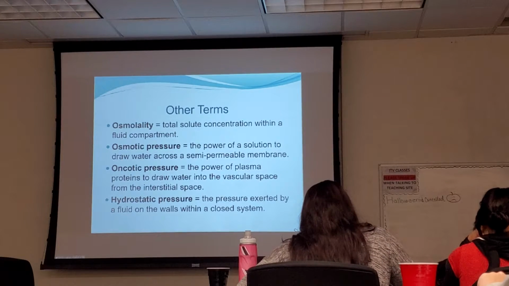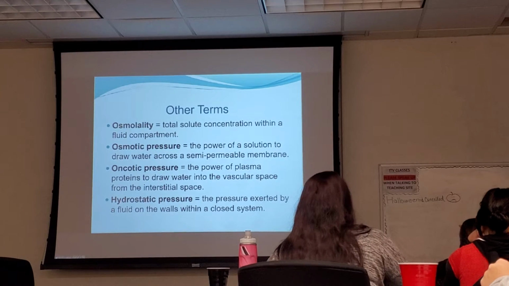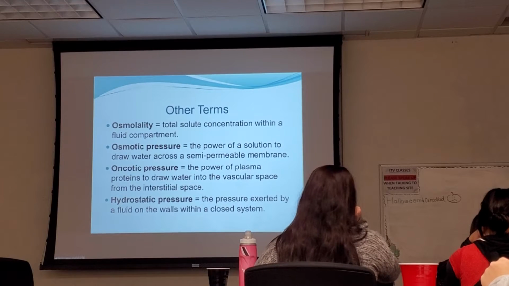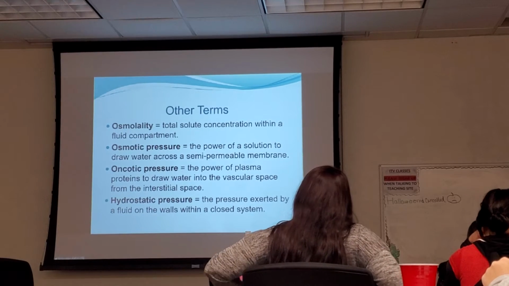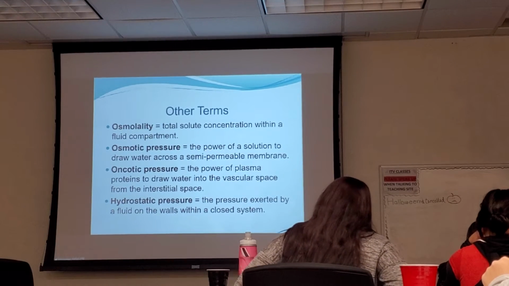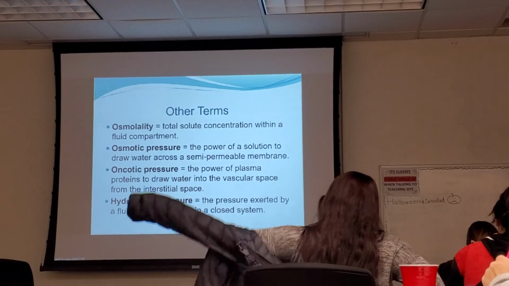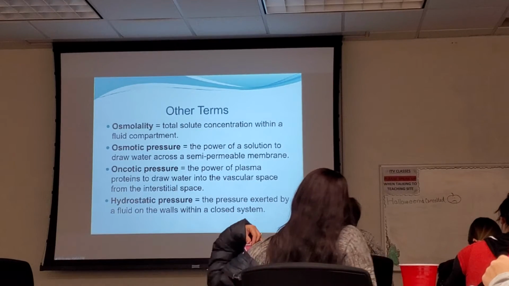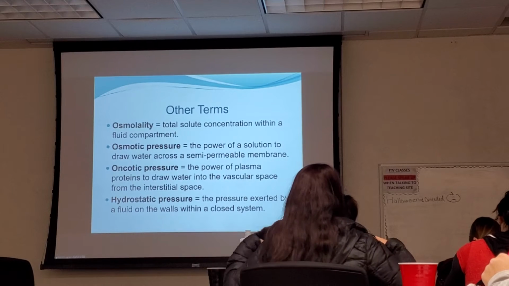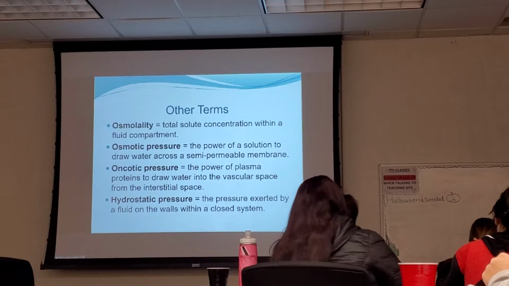Hydrostatic pressure is the amount of pressure exerted by a fluid within a closed system. So when we have a beating heart and we have blood pressure, that generates a certain amount of hydrostatic pressure. In other words, a certain amount of force against those blood vessel walls.